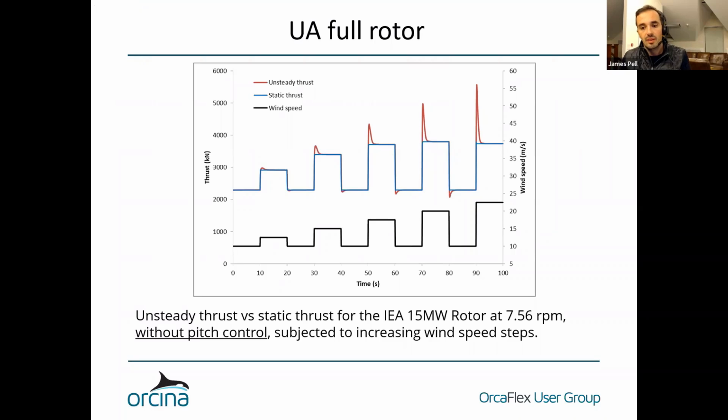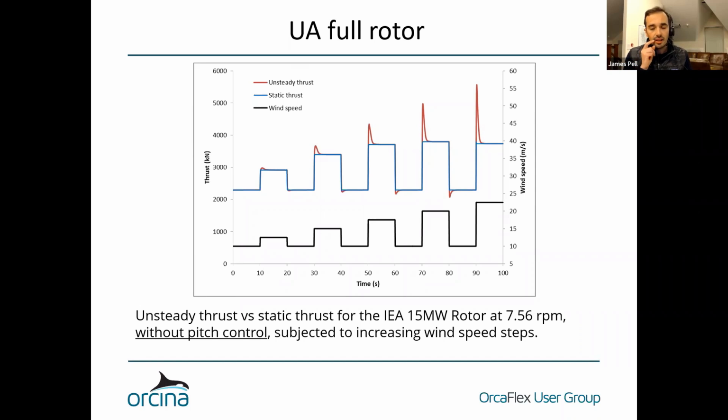The black line is the wind time history plotted against the right axis. But the curves we're probably more interested in are the thrust for the unsteady and the static turbines, shown in red and blue respectively. And you can see quite clearly that when the wind speed jumps, obviously the thrust jumps, but you get these pronounced little spikes initially for the unsteady case.